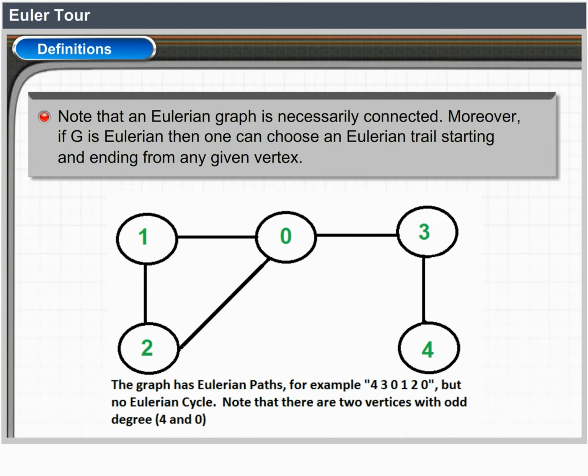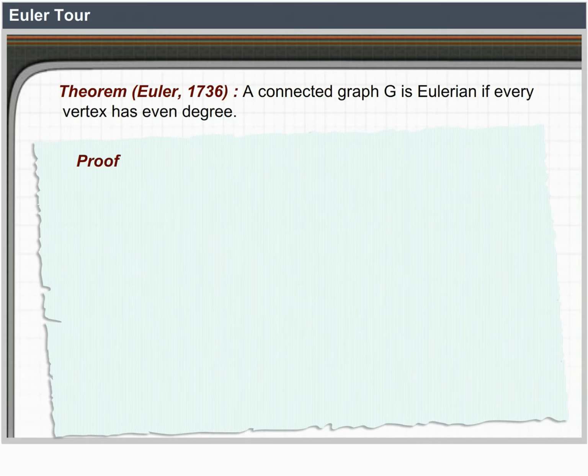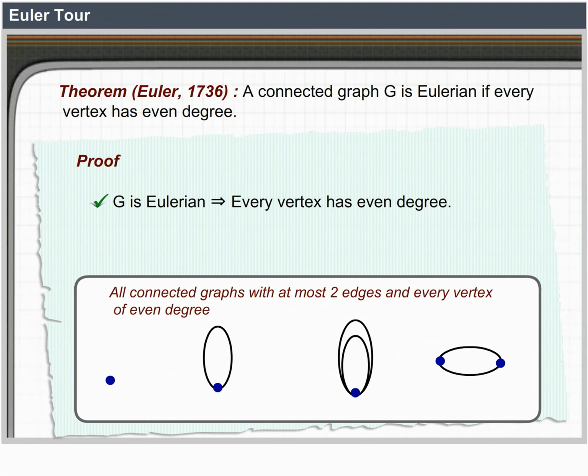Theorem (Euler): A connected graph G is Eulerian if and only if every vertex has even degree. Proof: G is Eulerian implies every vertex has even degree.